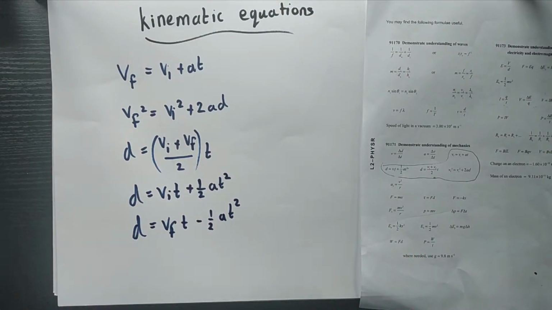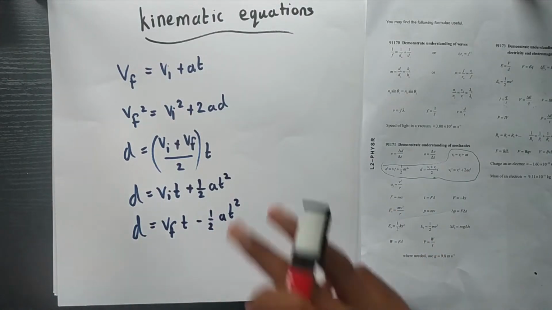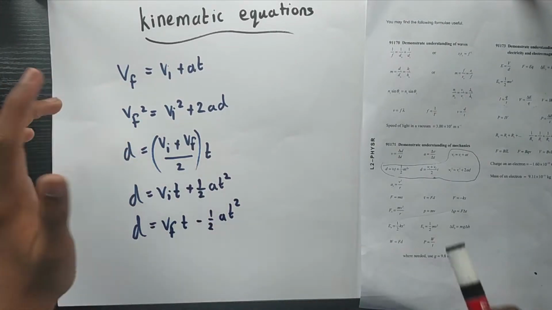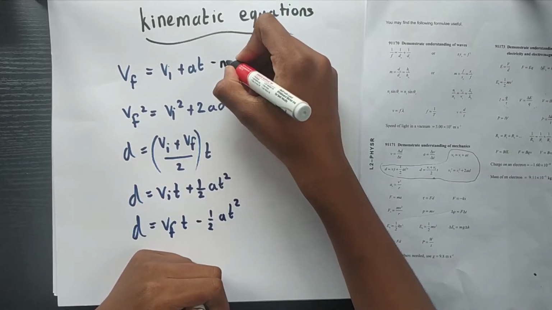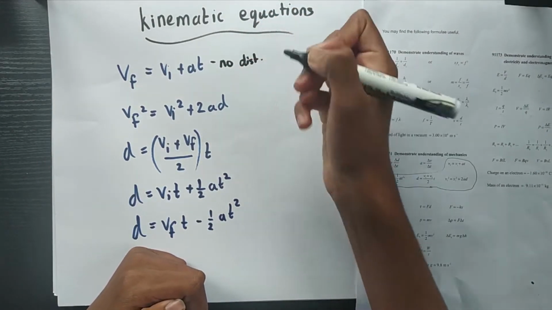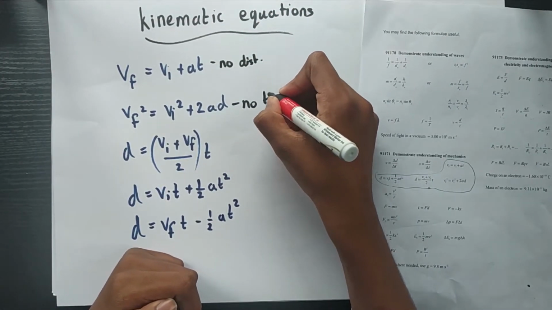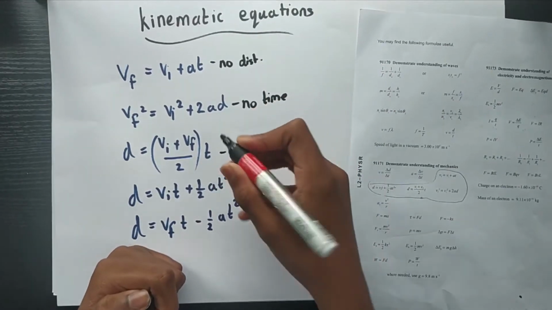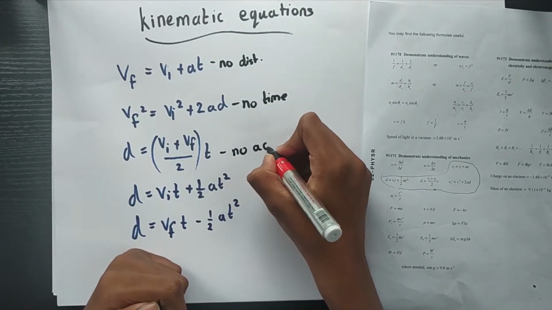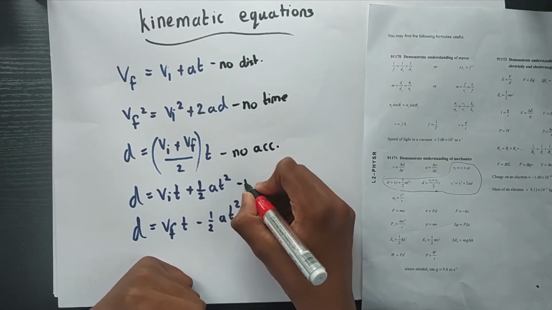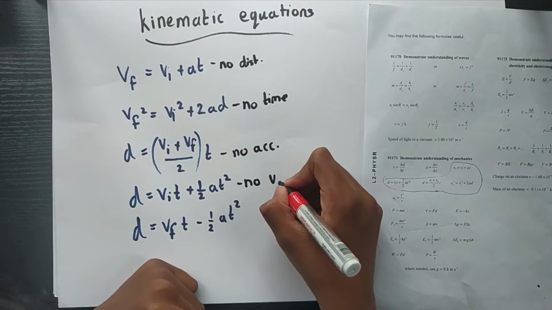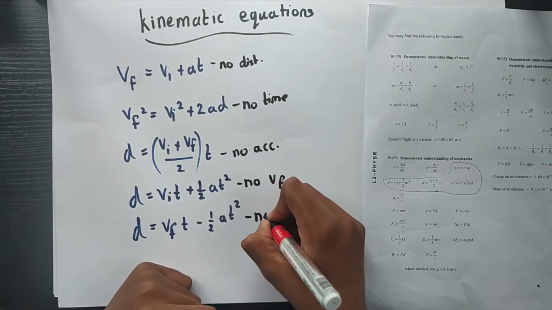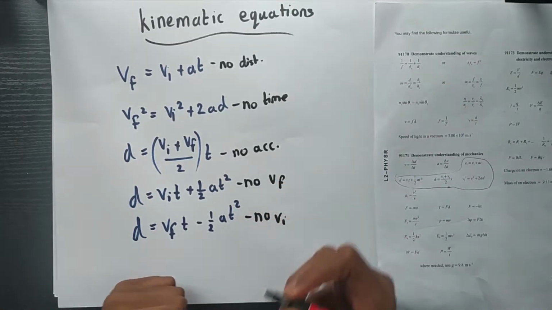Essentially, the way the whole strategy goes is we see what's missing in the equation. In this one, there's no distance. No time, this one, no acceleration, no V final, no V initial.